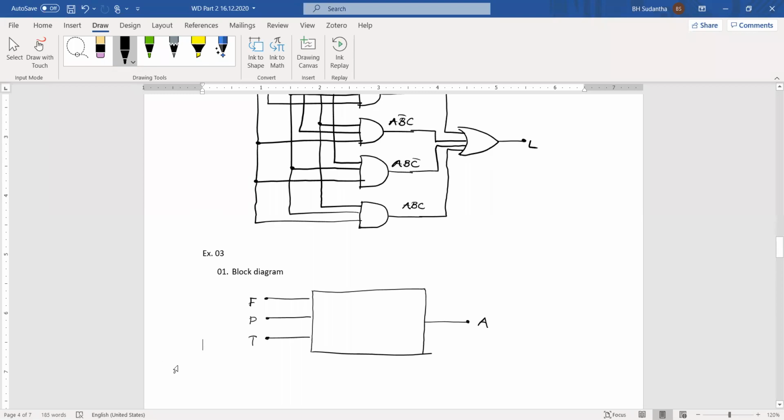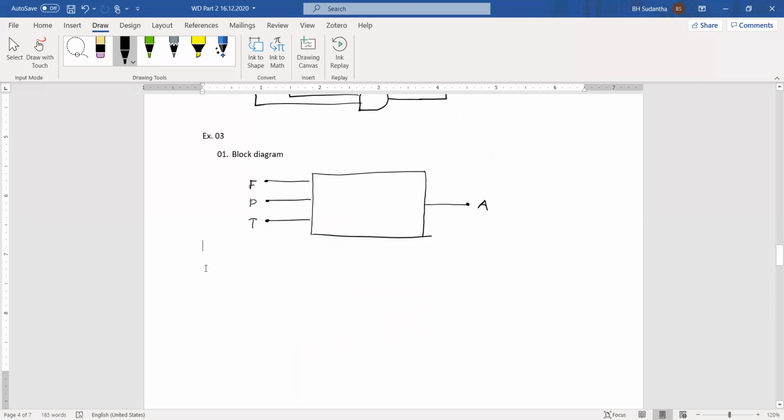This is the block diagram. Now we can prepare the table.